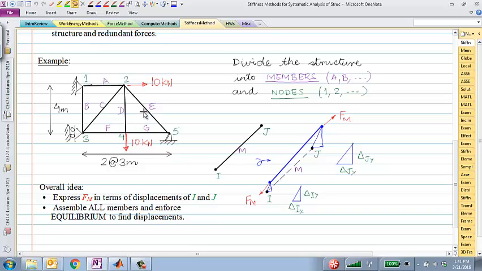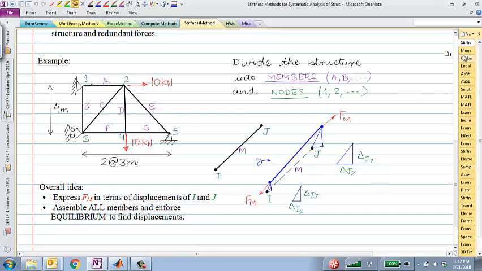They will all exert their forces on node 2, and then I can use equilibrium for node 2 to calculate what displacements node 2 should have. So that's the overall logic. What we are going to do is to try to develop this force displacement relationship for truss members, and then we'll extend that same logic to frame members, beam problems, and in general to composite structures or any type of structure.